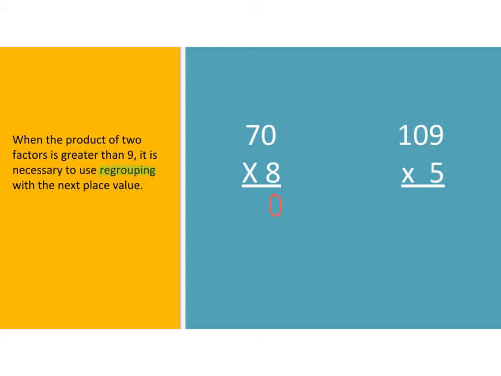And then 8 times 7 in the tens place is 56. I'm going to put my 6 down, and then my 5, if I had a number in my hundreds place, it would go above that. But because I have no number in the hundreds place, I'm going to add the 5 as well down below in my answer. So 70 times 8 is 560.